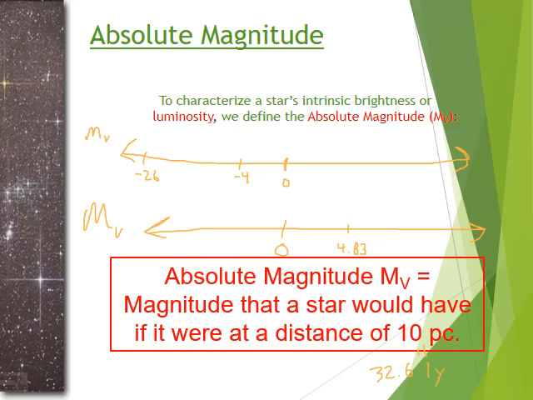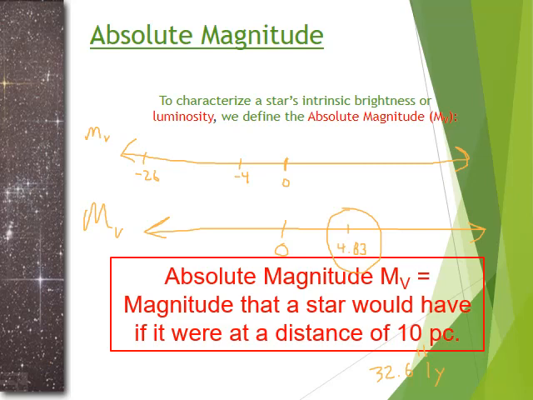So if we could take our sun, and instead of having it be 8.3 light minutes away, move it off into space 32.6 light years away and look at it again from Earth, it would only appear to have a brightness of 4.83.